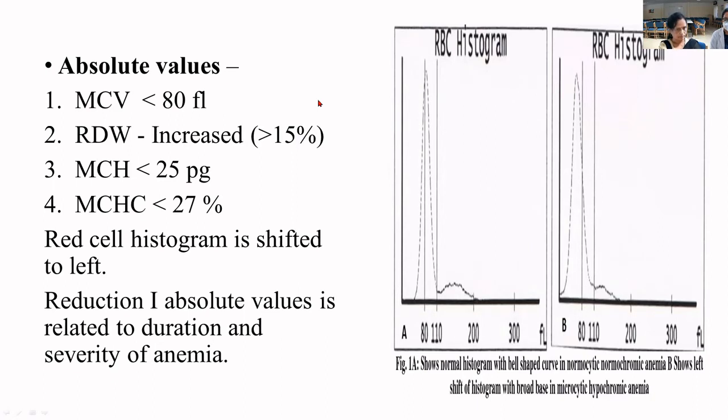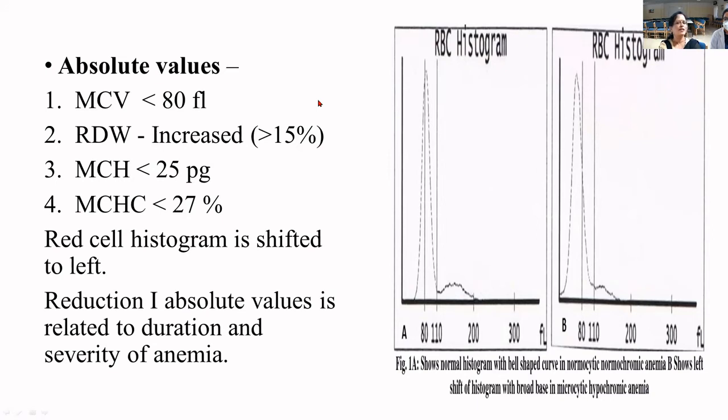Now the absolute values. MCV will be less than 80 femtoliter. What is MCV? Mean corpuscular volume. Yes, it is decreased. RDW, that is red cell distribution width, will be increased in iron deficiency anemia, more than 15%. Our students were not taught about RDW in the previous class.